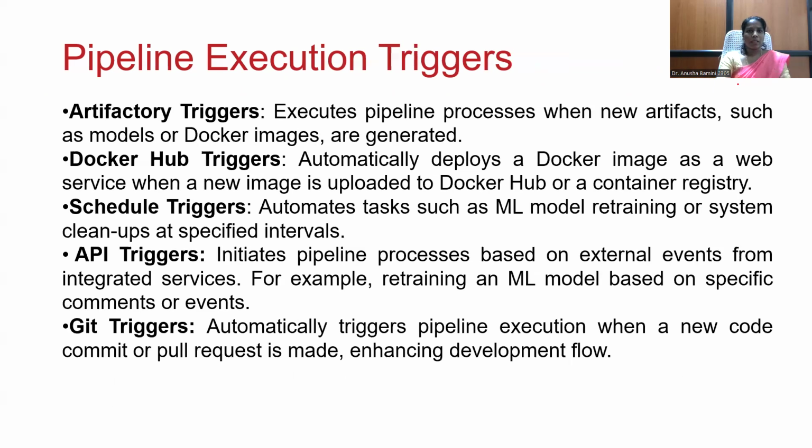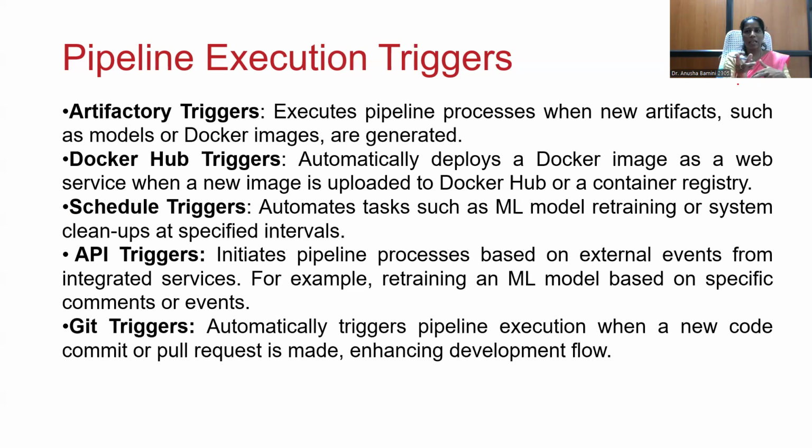Then some triggers you have to know. A trigger means new or unexpected changes created in the routine. A model is working continuously, and when any new change happens, that is called a trigger. Triggers can be of five types. The first one is artifactory triggers.